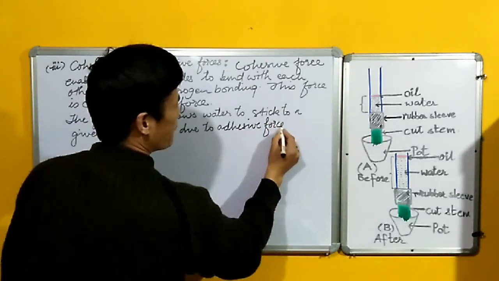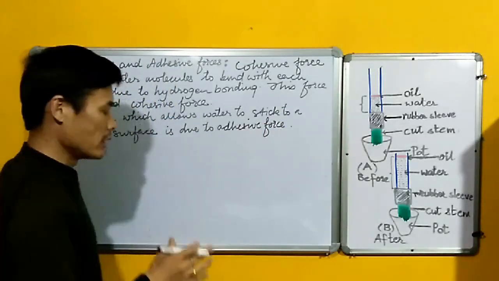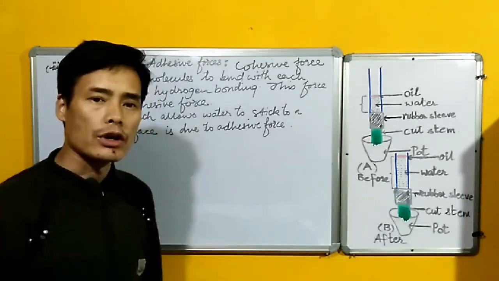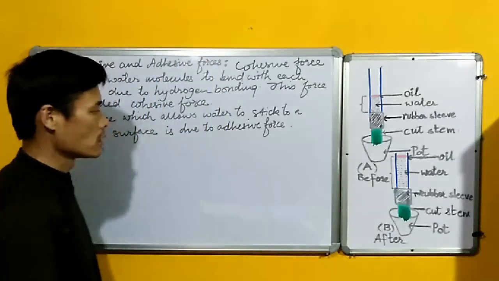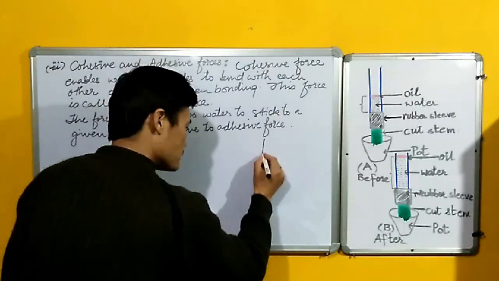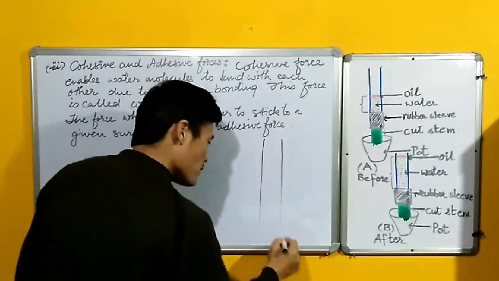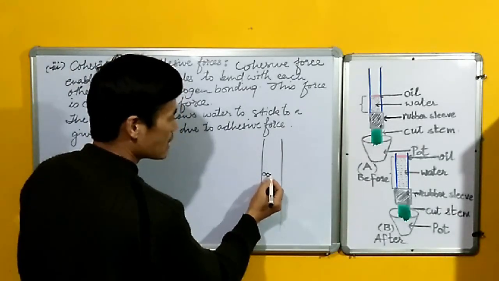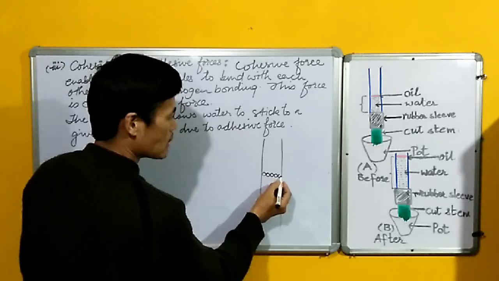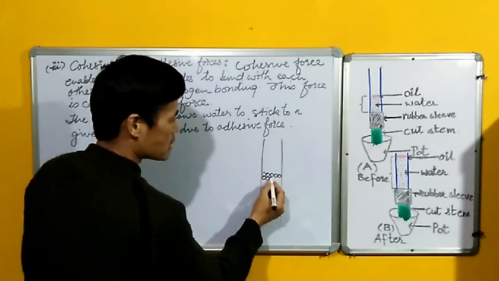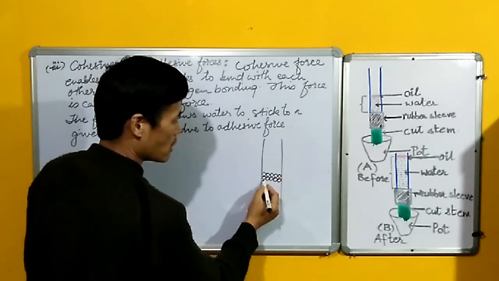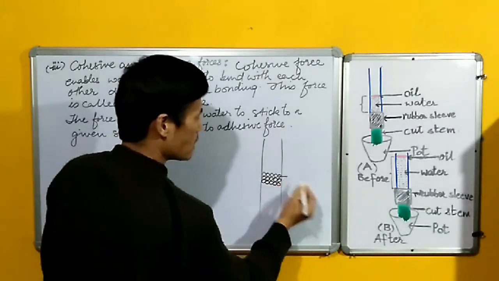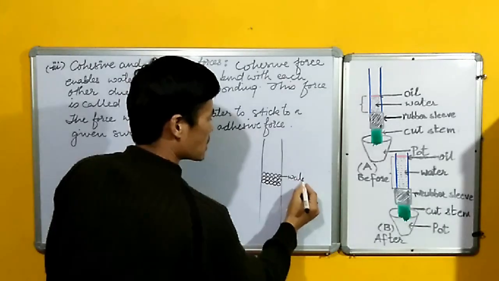Now, what is happening when the water is being transported from the roots to the shoot? In the xylem vessel, water will bind with each other. Now, if these are considered to be the water molecules, these water molecules will bind with each other.